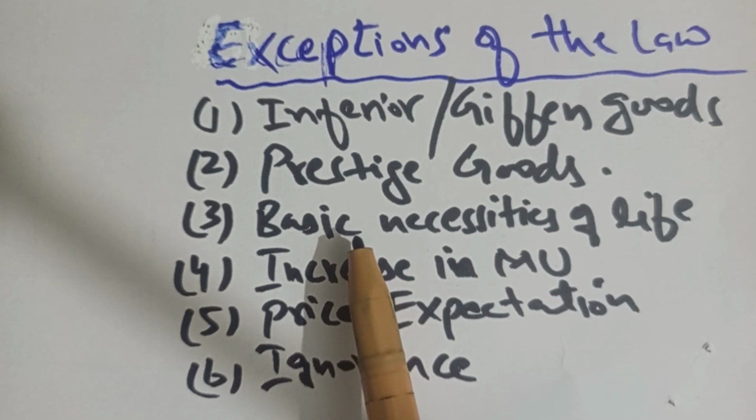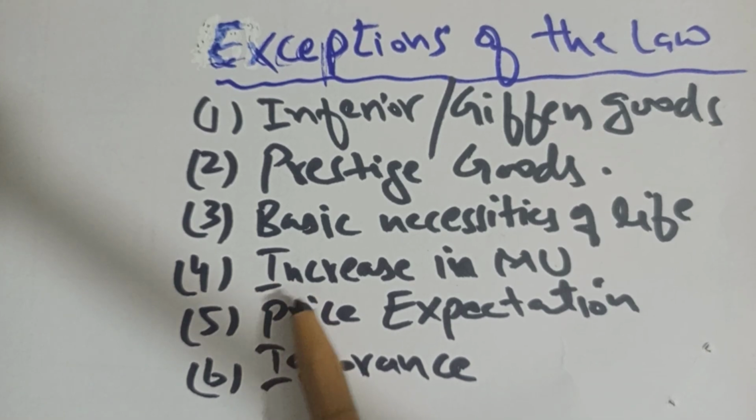Usually, the demand for basic necessities of life remains constant or inelastic. It means it does not accept the effects of changes in price, because people do not increase or decrease their demand when the price increases or decreases.